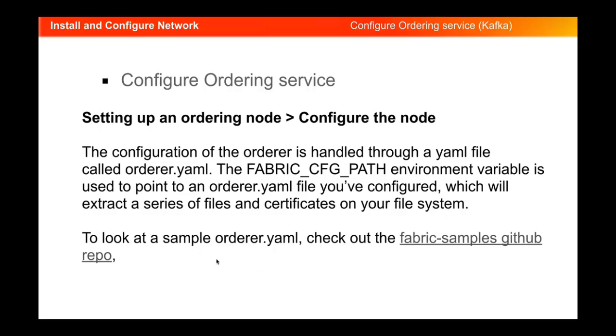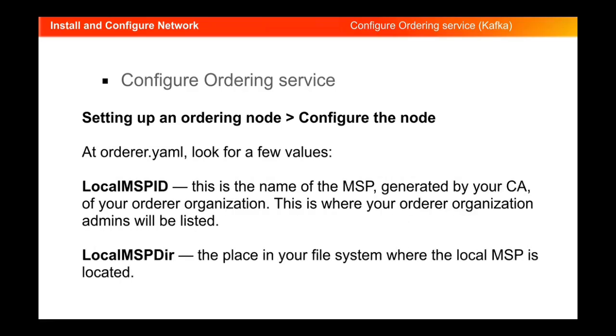If you want more details of how the orderer.yaml file looks before we get on to the lab, you can check the Fabric samples GitHub repo, where you can see the properties present in orderer.yaml.